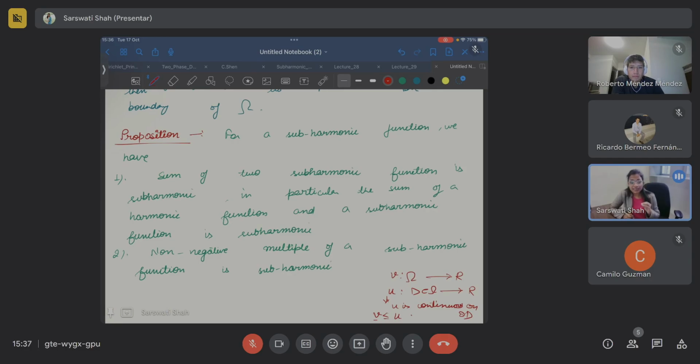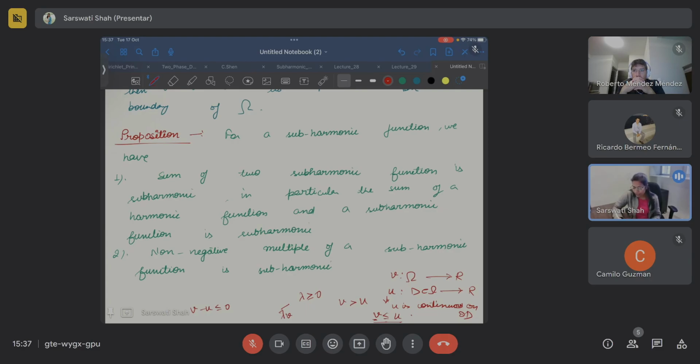So we are taking the non-negative multiple, like lambda times V where lambda is greater than or equal to 0. In that case it will be a subharmonic function, because if you take a negative multiple, it may violate this condition. Because we have V less than or equal to U, so V minus U is less than or equal to 0.